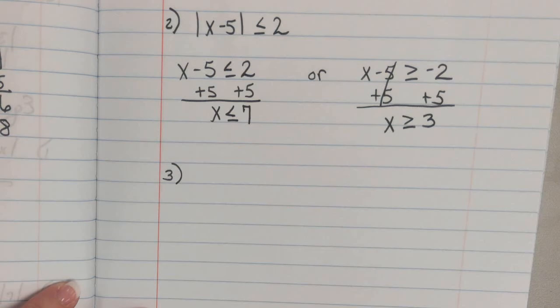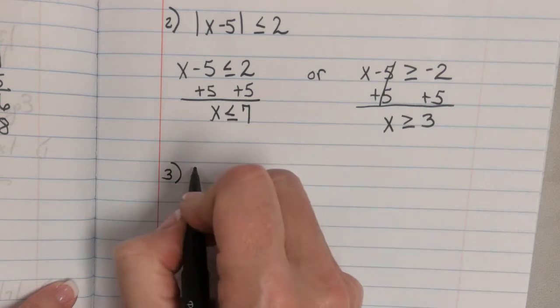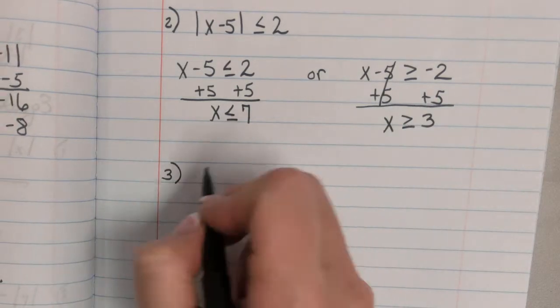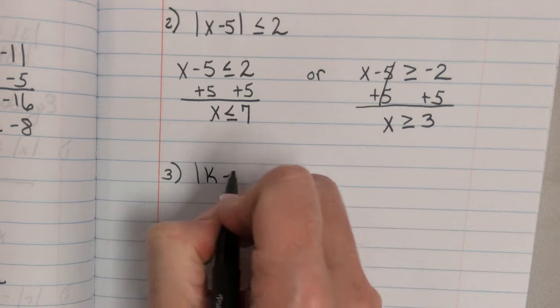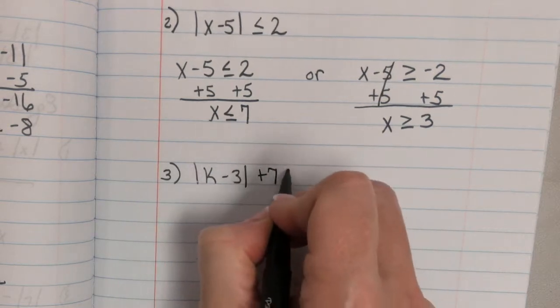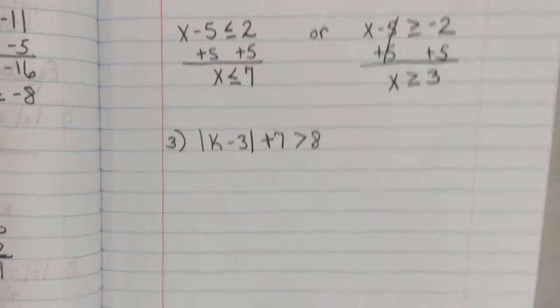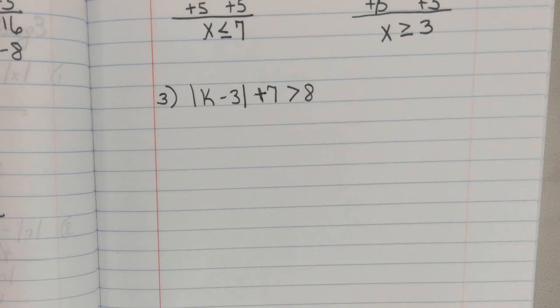Let's look at this one. I've got the absolute value of k minus 3, and then plus 7 greater than 8.